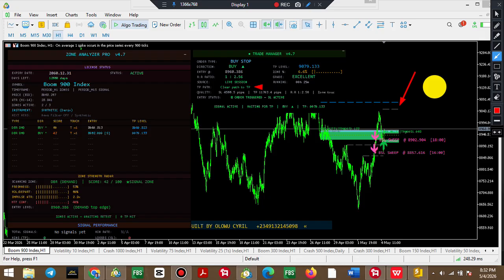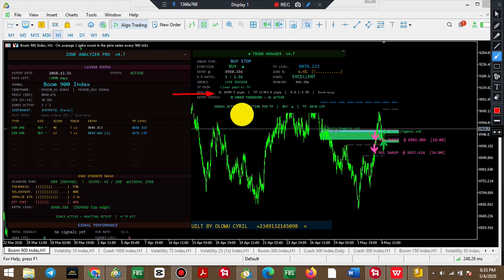Now, recently, as at today, somebody made a complaint that he can't easily find the SL, that means the stop loss, on the panel, that means the trade manager. Now there is a stop loss digit, it's just that it comes in pips. When you check under quality, the SL is the first, right?